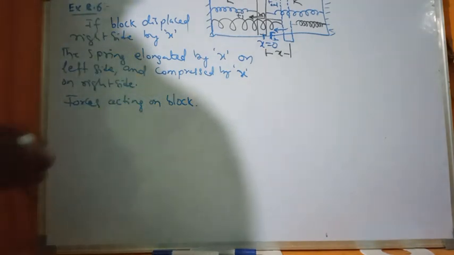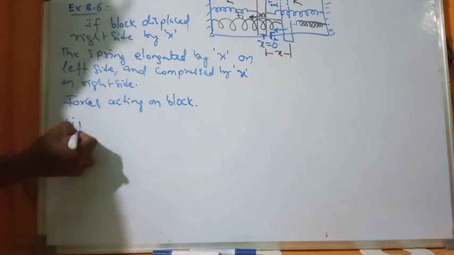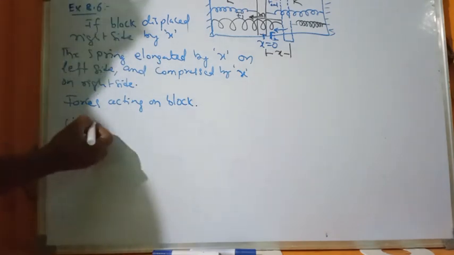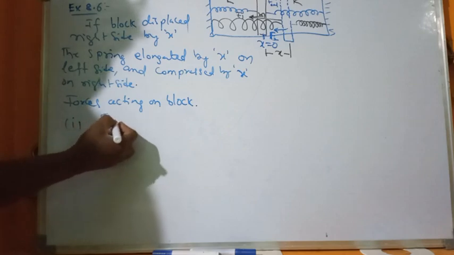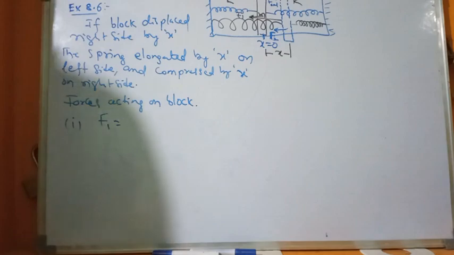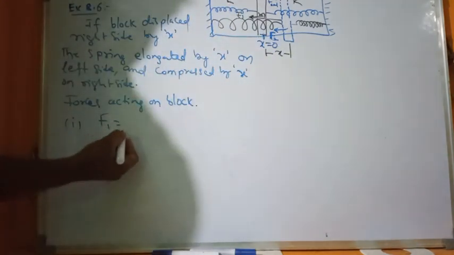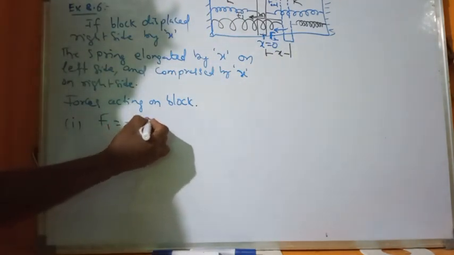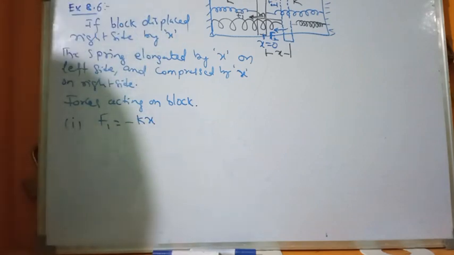According to Hooke's law, force F1 is equal to minus k into x.